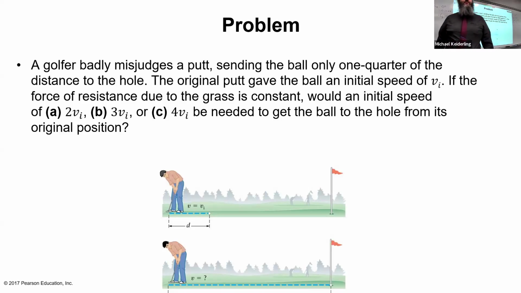So which of these would be required if your initial putt only covered 1/4 of the distance? So you need to go 4d to cover the whole distance.